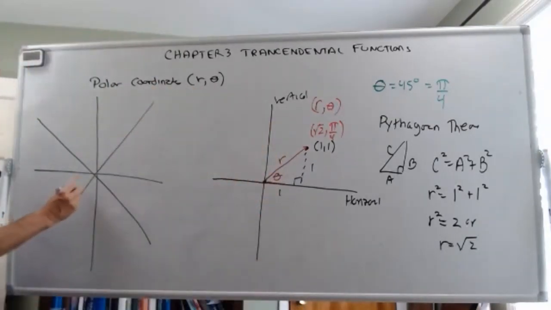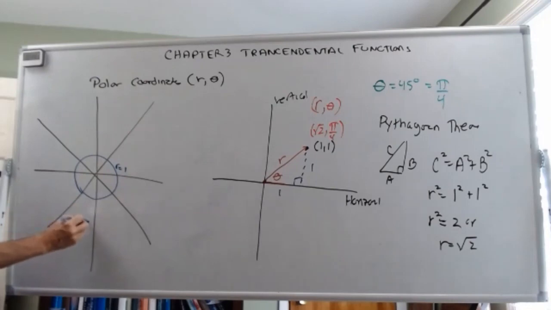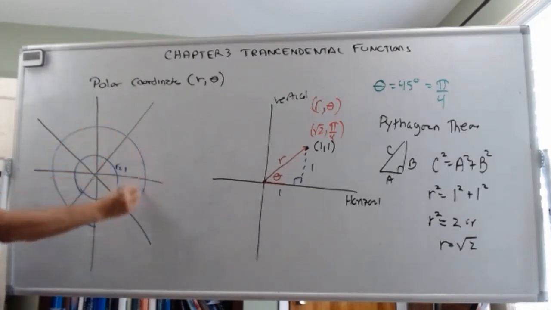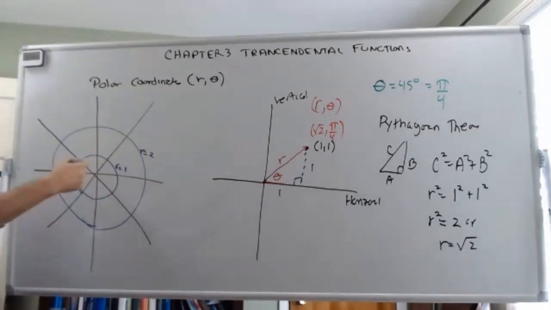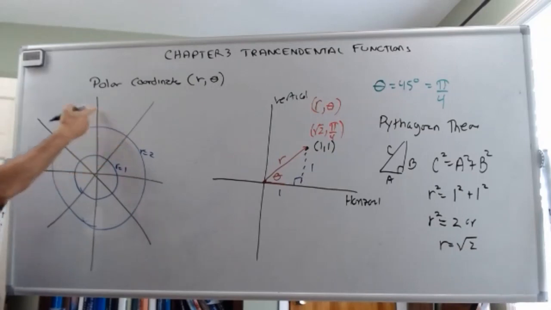So here's, say, radius 1. That's a circle of radius 1, that's r is equal to 1. Over here we have radius 2, so r is 2. And each of these are various theta values: 0 degrees, pi over 4, pi over 2, 3 pi over 4, pi, etc. And you can keep going out.